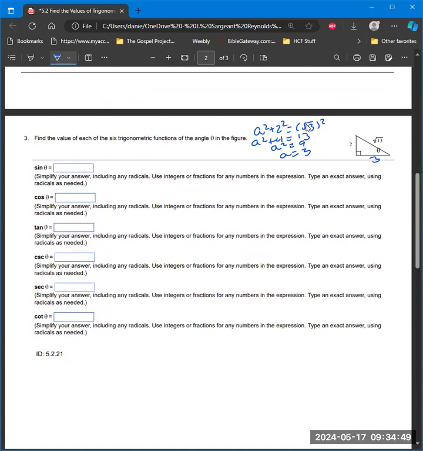Sine is going to be 2 over root 13. When we rationalize it is 2 root 13 over 13. Cosine is going to be 3 over root 13. It's going to be 3 root 13 over 13.